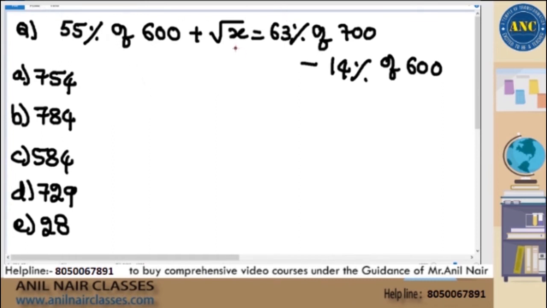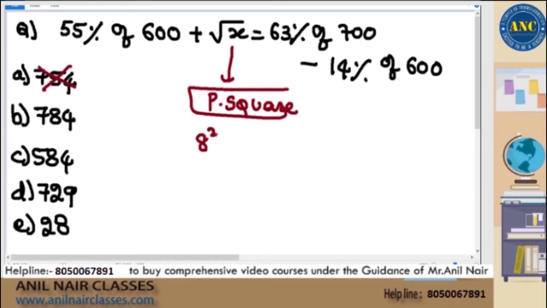Step number 1, because root x is a perfect square. Any perfect square ending with 4, tens place should be even. 8 square 64, 12 square 144. Take 584. What is the digital sum of a perfect square? 8 plus 5 is 13, 13 plus 4 is 17.